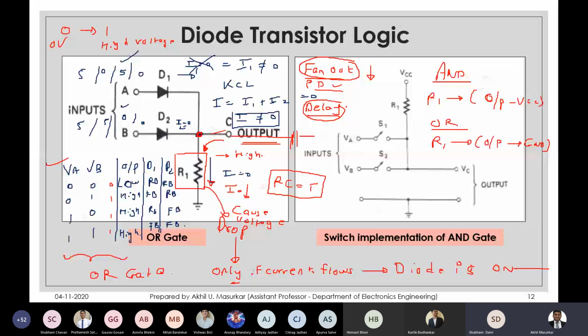Yes, sir. And this is where the IC manufacturers will play with us. They will say that the fan out of the chip is 10. That means the OR gate can drive 10 more OR gates. Some people will make this value of R1 high, and then they will say that fan out is less. Technology wise, high resistance values are easy to make, but very low resistance values are very difficult to make.